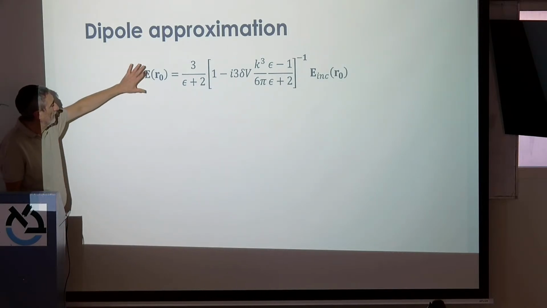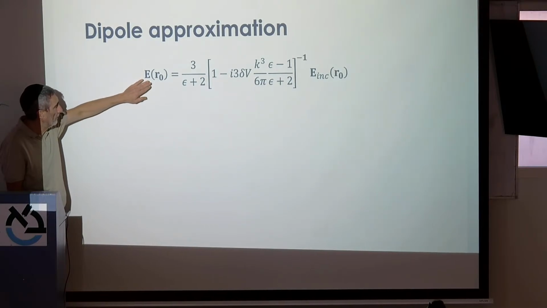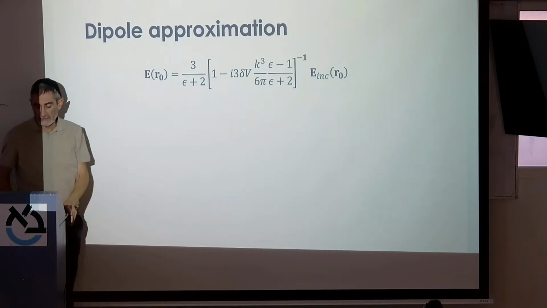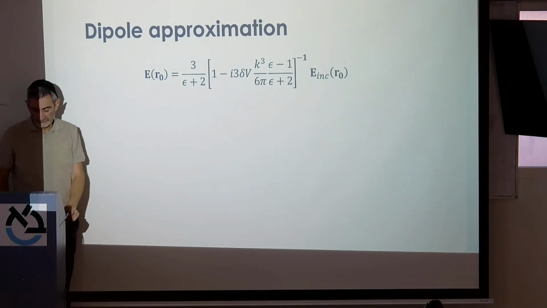So that's the formula. Now we have a formula that gives you the field at the singularity inside the scatterer as a function of the incident field at the same position.